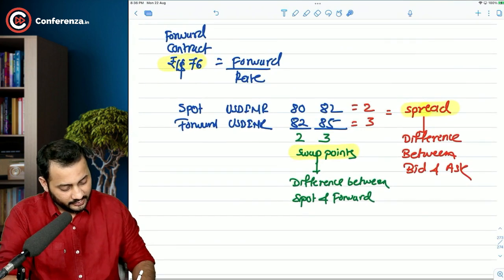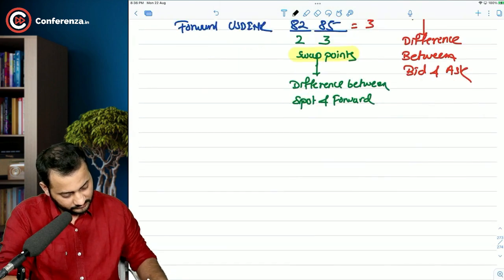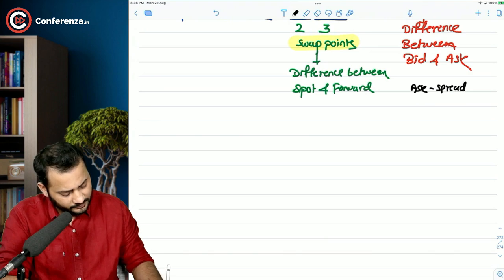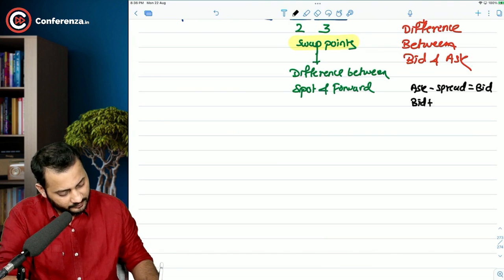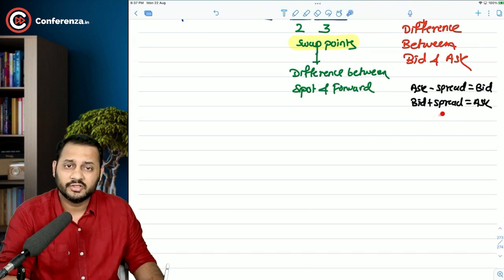Can I make a formula out of this if I want to? Yes, sir. See, ask minus spread is equal to bid, and bid plus spread is equal to ask. Question may give you this much information only, and then you will have to first find out what is bid and ask, and then solve it.